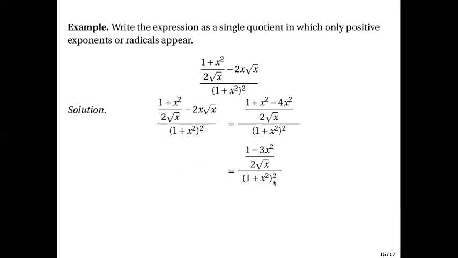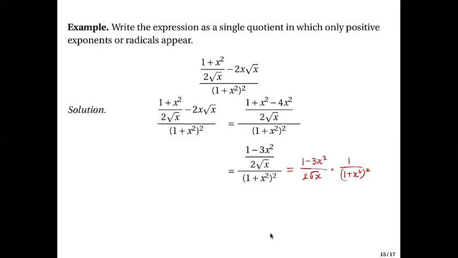Okay? And division again, we convert this to multiplication. Okay? We convert this to multiplication. So it will be 1 minus 3x squared over 2 square root of x times 1 over 1 plus x squared squared.